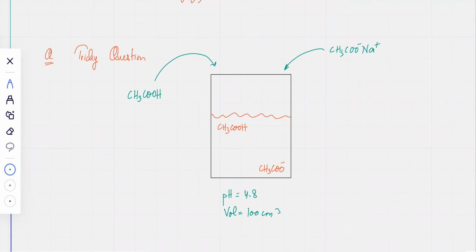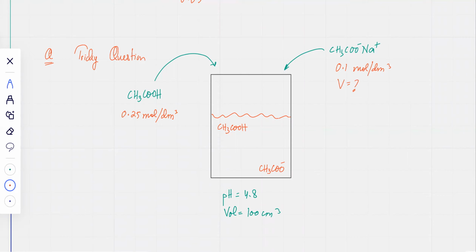Now the thing is, this is 0.1 mole per dm cube, and this is, let's say, 0.25 mole per dm cube. So you know the concentration of both things. What you don't know is what volume you are going to mix.